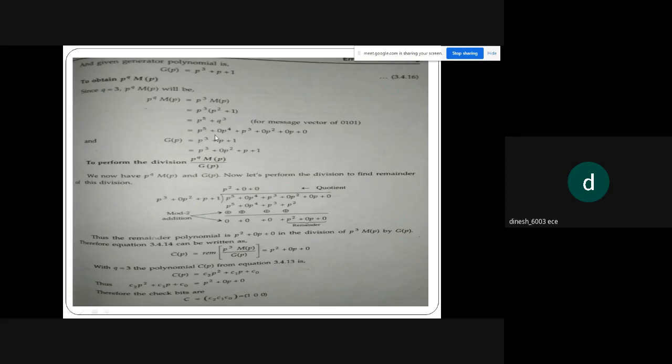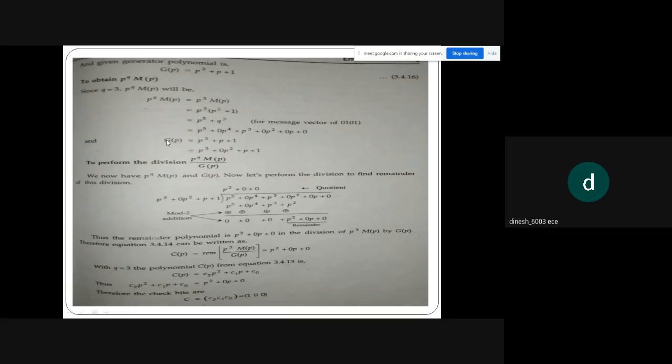So 1 into p power 5, in p power 4 it is 0, then in p power 3 it is 1, so p cube plus 0 p square plus 0 p power 1 plus 0 into p power 0.